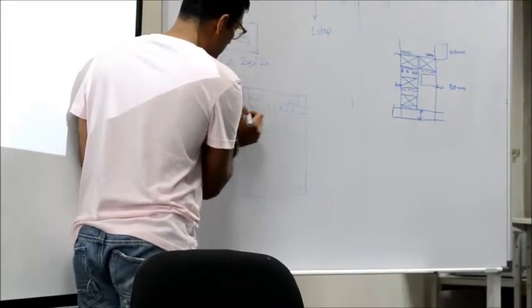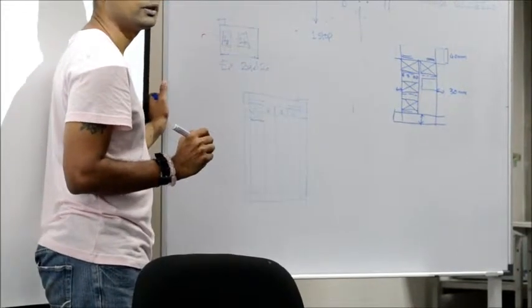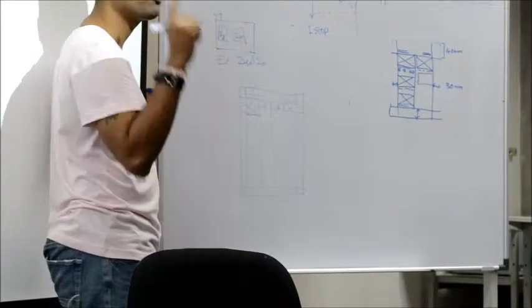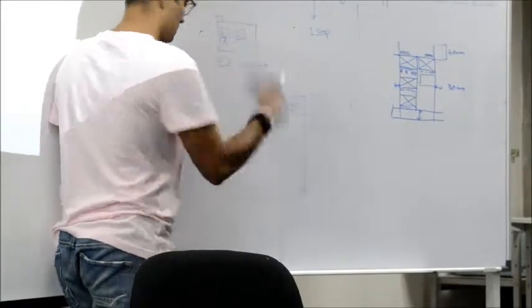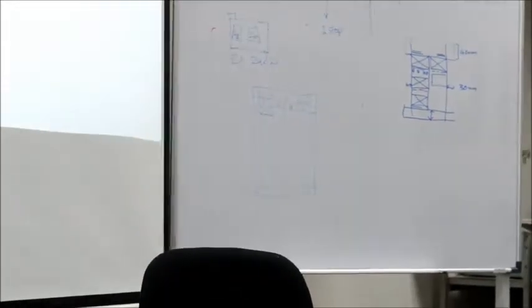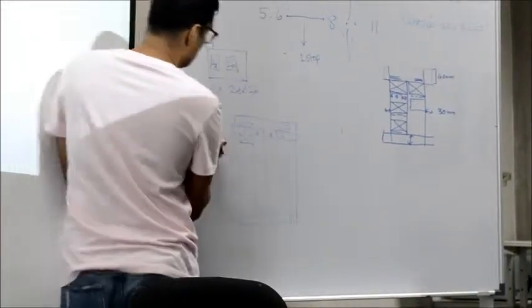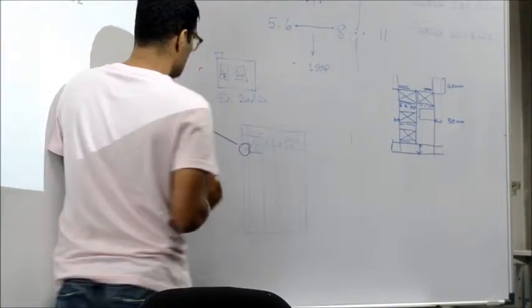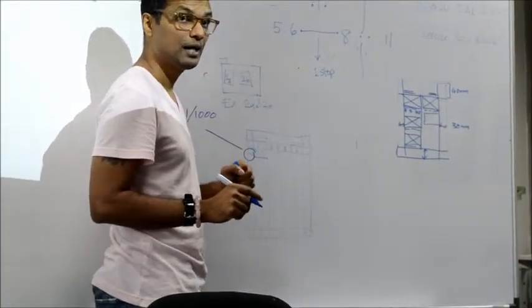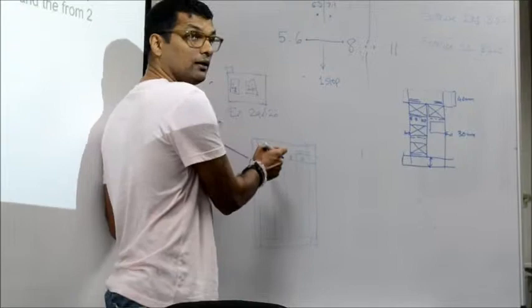Let's say you put shutter speed here and you write 1/1000th of a second. You start with 1/1000th of a second. Understand? So that is fan speed 1.